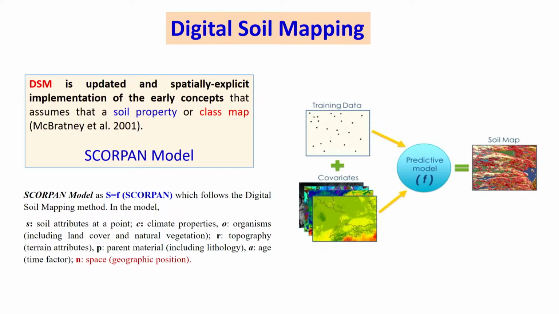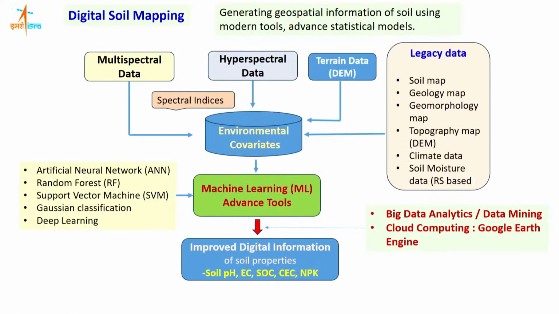Temporal remote sensing data is also available, and you can add the geology and the climatic parameter maps. So these parameter maps, which are related to the soil forming factors, are considered as covariates. Then we use statistical models, which we call predictive models, and we are able to generate the soil map.